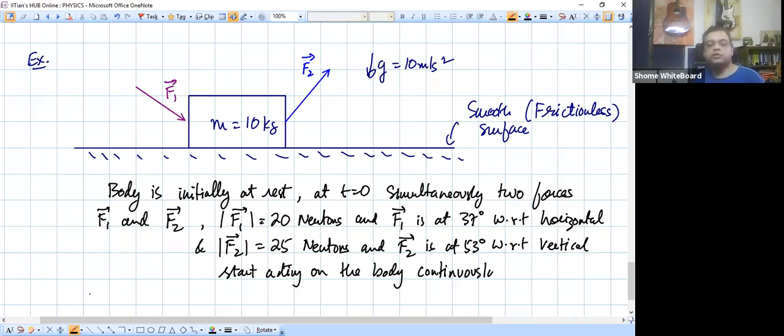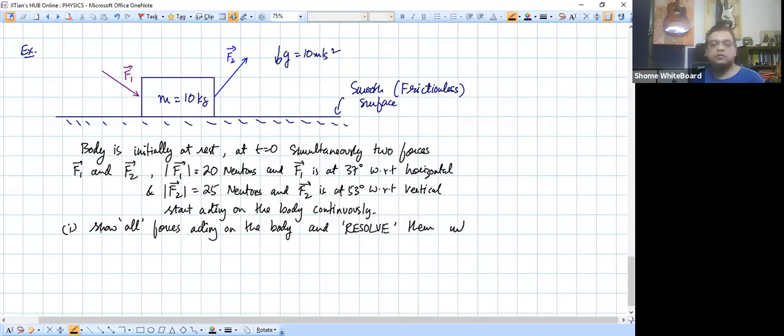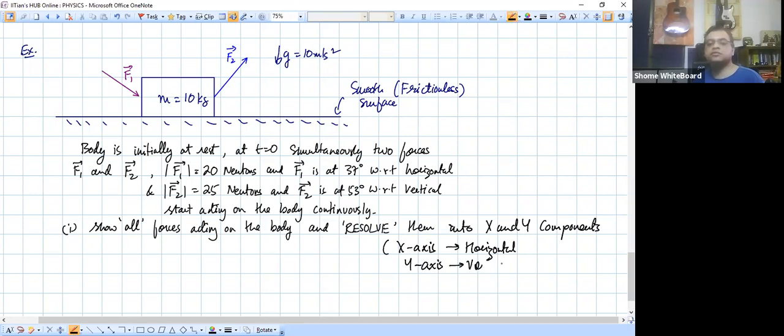Okay, so first of all, show all the forces acting on the body, and resolve them into x and y components, where the x-axis is horizontal and the y-axis is vertical.